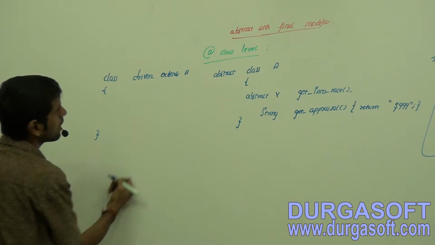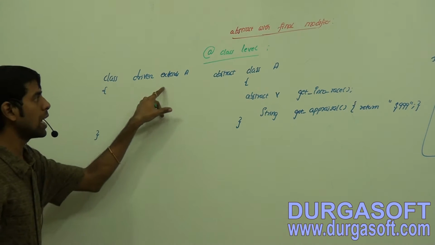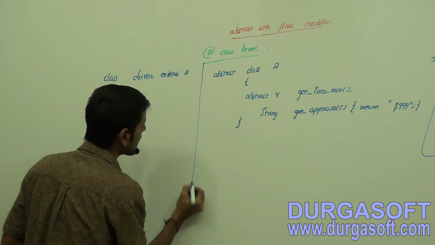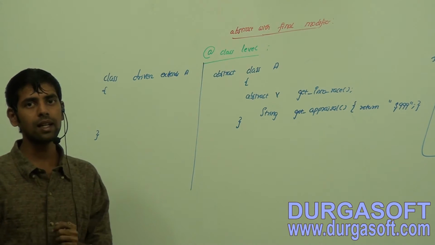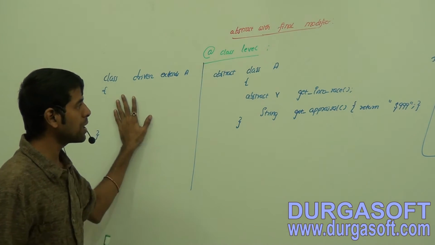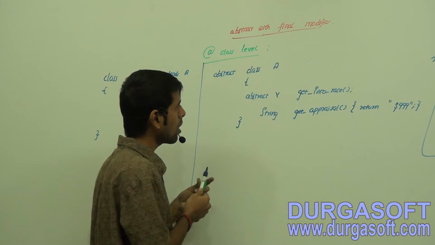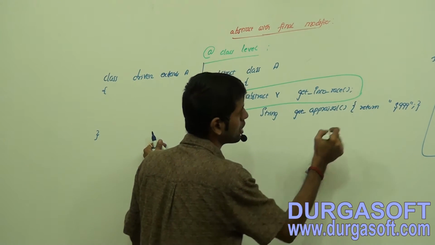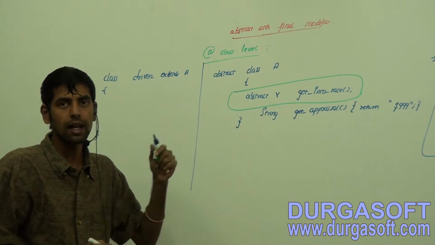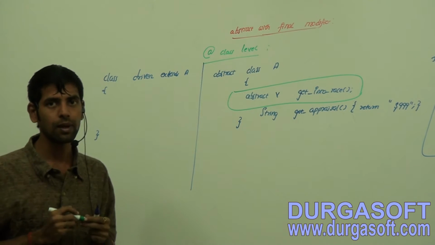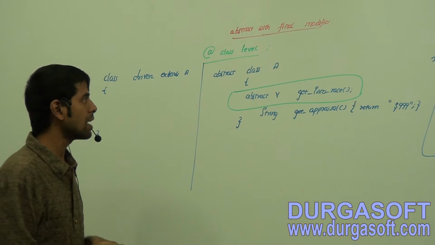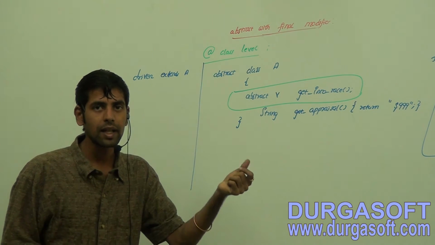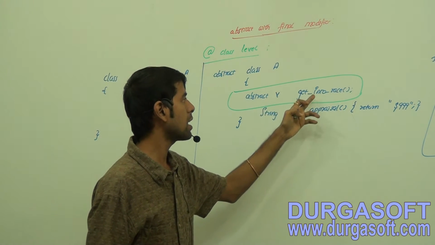Let me put extends A. If it is a child of this abstract class, definitely it has to provide implementation for the abstract method. Yes, it should provide implementation for that abstract method. Very important. Otherwise, if it is not providing implementation, it gets into risk.